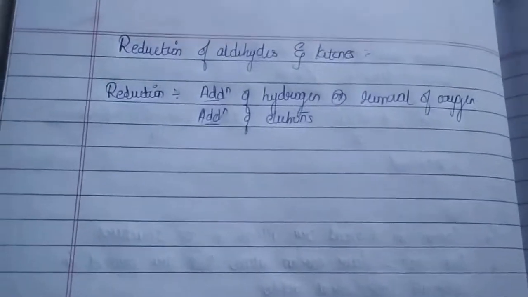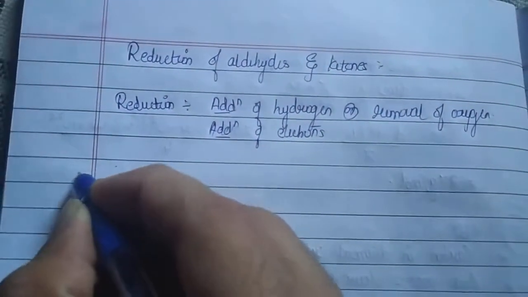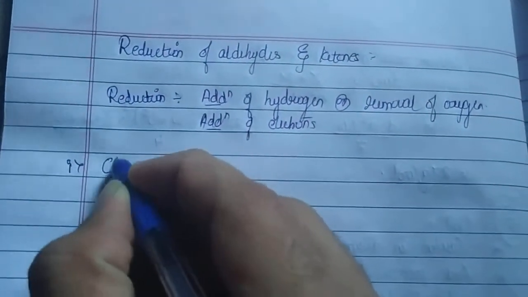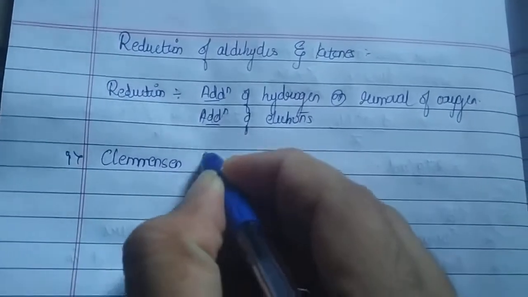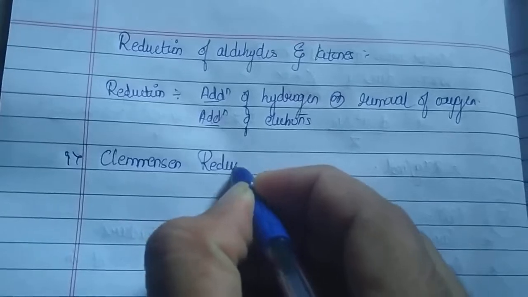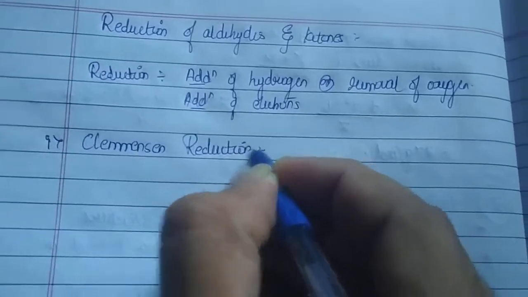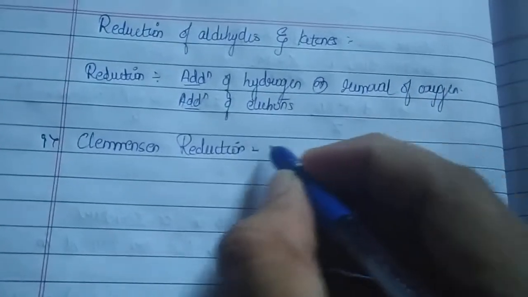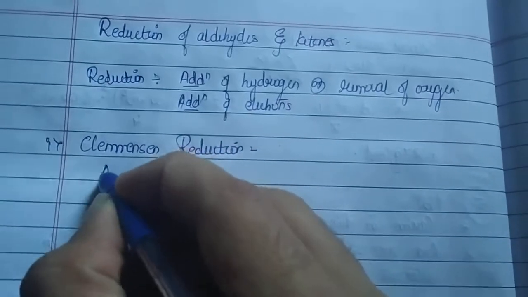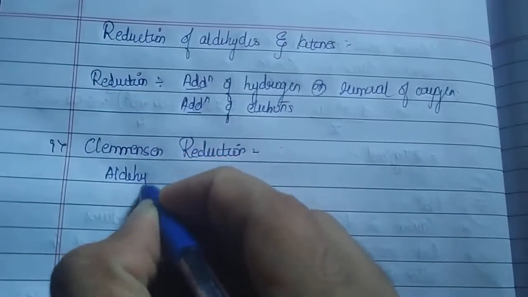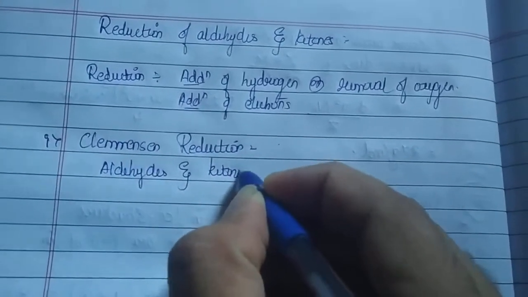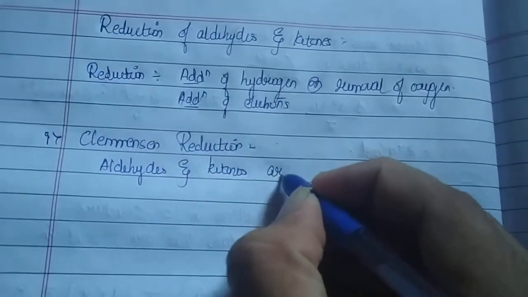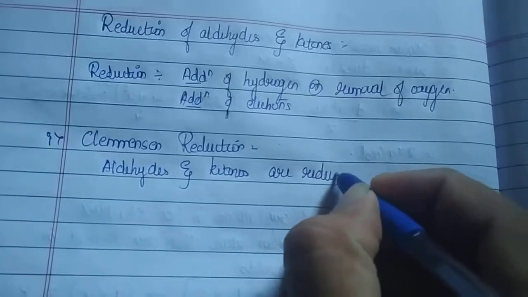So first of all, let us deal with an important named reaction which is called the Clemmensen reduction. So what does it say? Basically, it's a reaction in which our aldehydes and ketones are reduced to hydrocarbons.